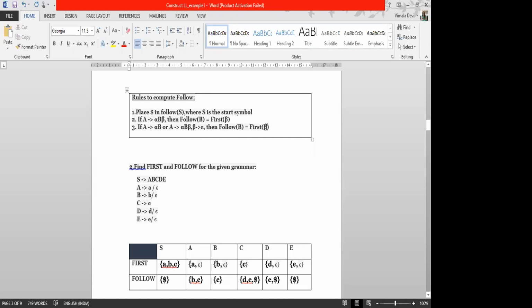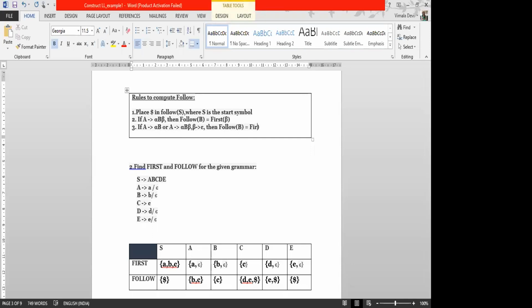Follow of B is equal to, sorry, it's not first of beta, it is follow of A. After B, if there are no symbols to follow, from here you directly move on to the head of the production rule. Follow of B is equal to follow of A. So these are the three rules you simply need to remember.